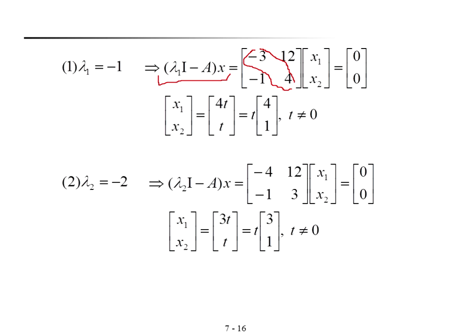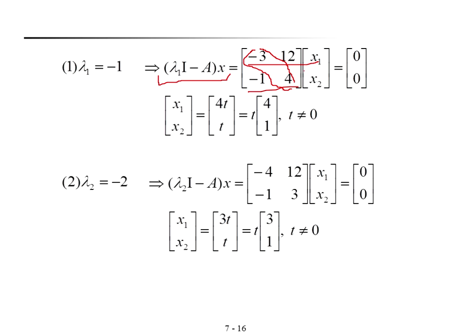There are two methods to solve this. The first method, as we did in class, is that there are two equations. First equation, minus 3x1 plus 12x2 is equal to 0.